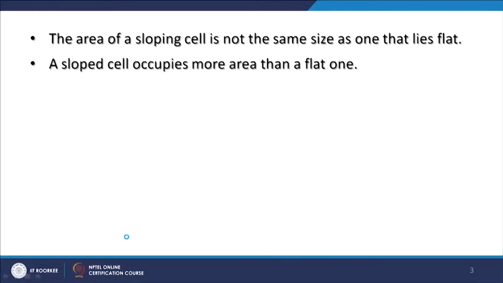So, the basic point here is that when we go for terrain analysis, the major thing is: if an area is flat and I have a digital elevation model of 30 meter by 30 meter, that means 30 meter spatial resolution.